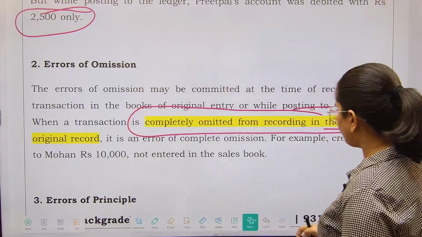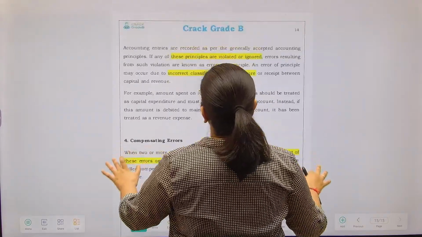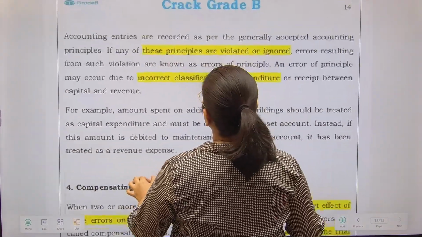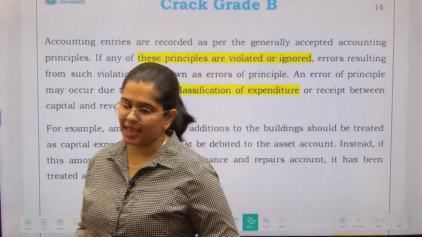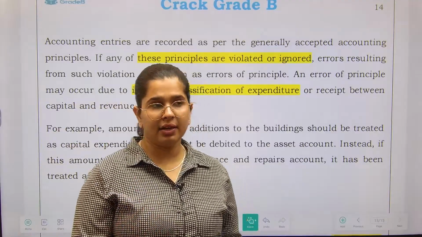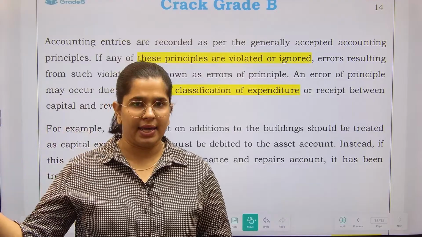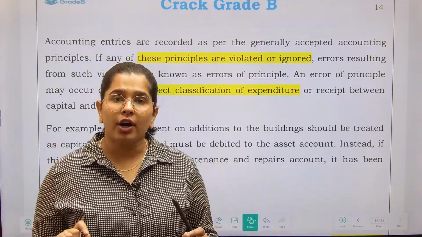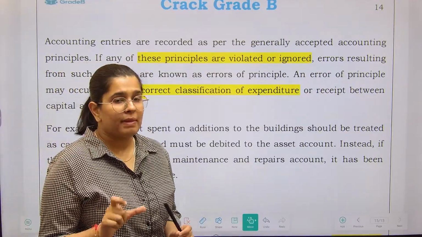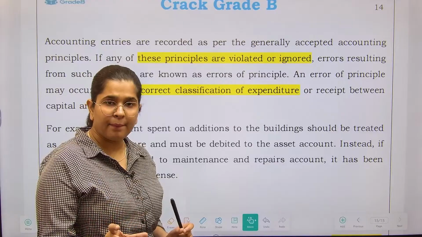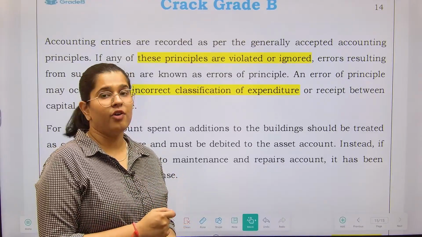Next, we have the errors of principle, meaning you have not followed accounting principles, right? You have violated the accounting principle. For example, the cost principle says everything that you have incurred till the time the asset is ready to use should be capitalized. But I forgot, I have not added the non-refundable import duties, and this leads to an error of principle.